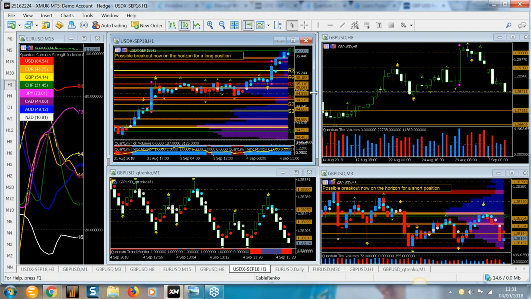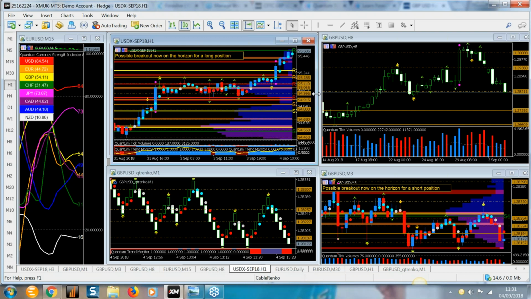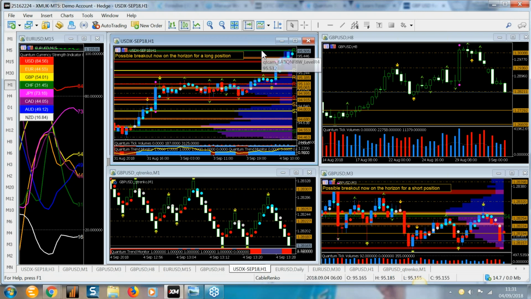It's identifying the levels that are going to be key to reversals, key to where things are going to pause, and obviously the flow that's then needed to actually push through those levels. So as I said, the R4 at 95.50, 51, that is what we are seeing, and that's what you see being played out at the moment.